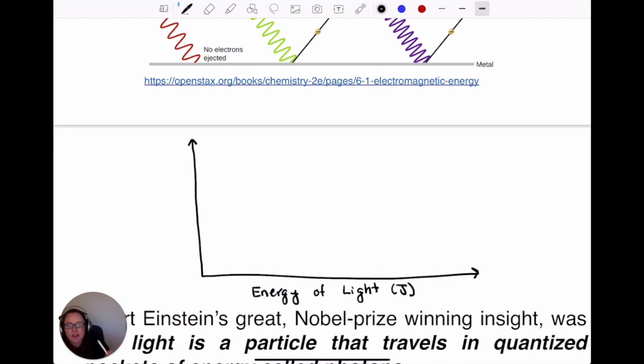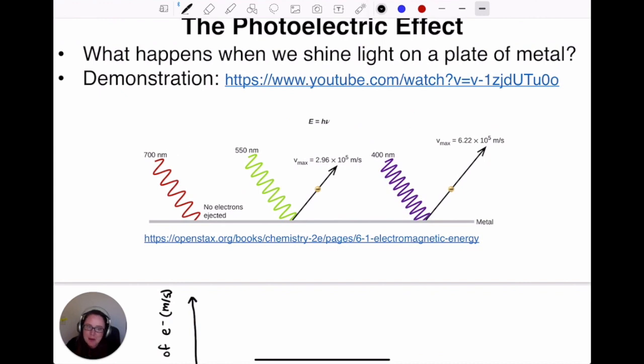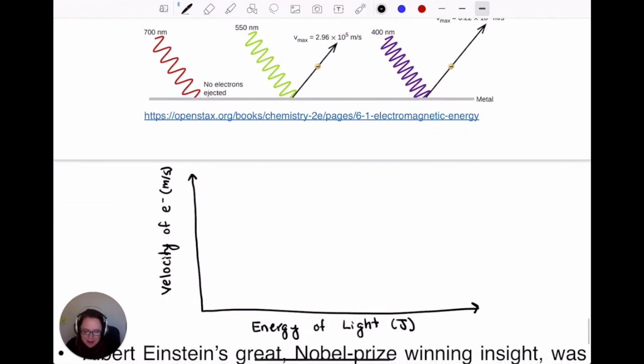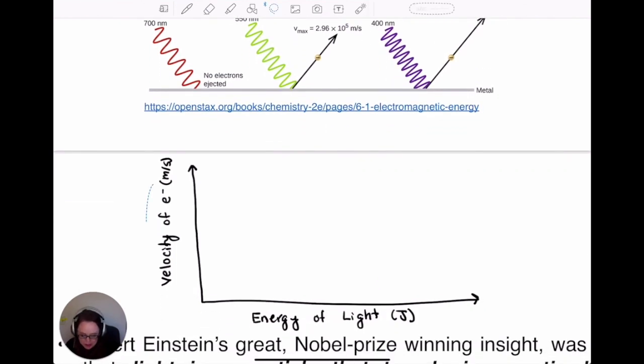So it's going to be the energy of the light that's hitting the piece of metal. And then on the y-axis, we're going to have the velocity of the electron. This will usually be reported in meters per second. You'll notice the electrons are moving pretty fast, on the order of 10 to the 5th meters per second. So we're not quite at the speed of light, but we're definitely getting close.